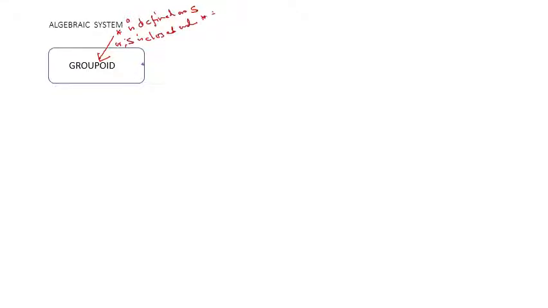So this is our groupoid, the most basic algebraic structure. Say S star, that means star is defined on S, or S is closed under this binary composition star. So this is our groupoid.